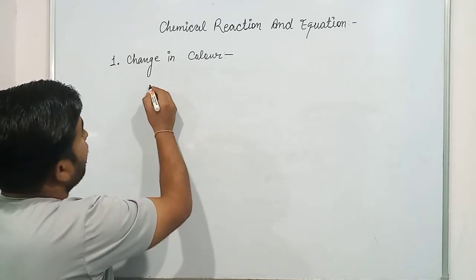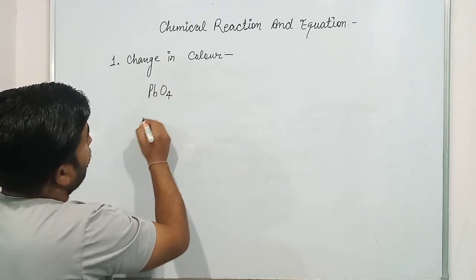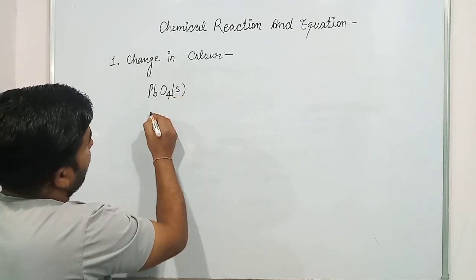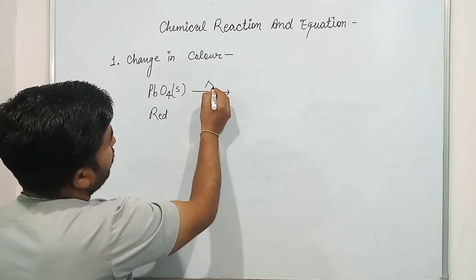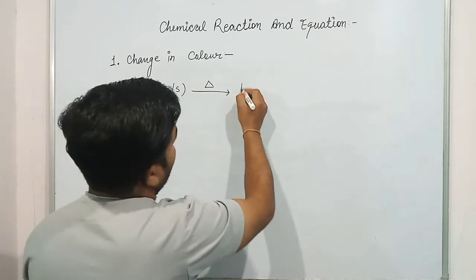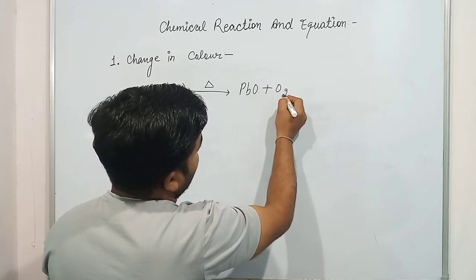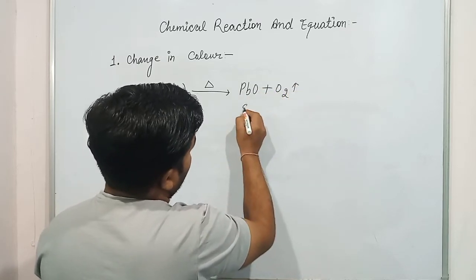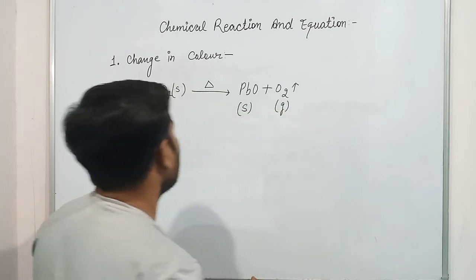You can see that we have lead tetraoxide, which is in solid state and red in color. If we give heat to it, then it converts into lead oxide, and oxygen gas will be released here. Lead oxide is also in solid state, and oxygen is in gaseous state.